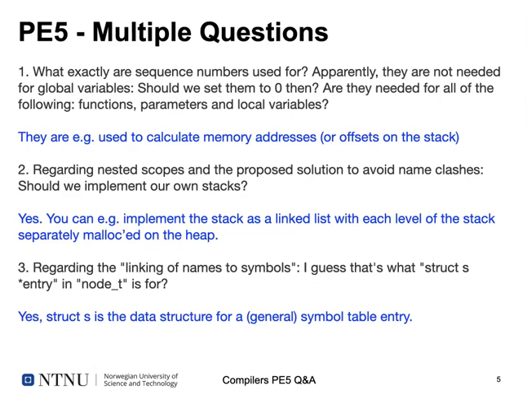Well, we haven't provided a stack implementation in our example code. So essentially, yes, you should create a very simple stack. I could imagine you can do this using a linked list, with each level of the stack separately mallocked whenever you need it, and then you can free it whenever you leave this context again in your compiler.